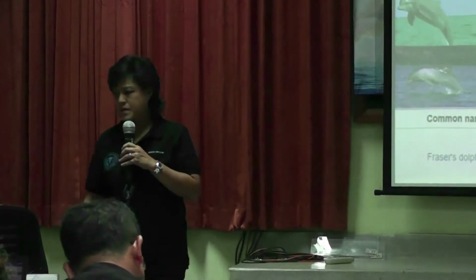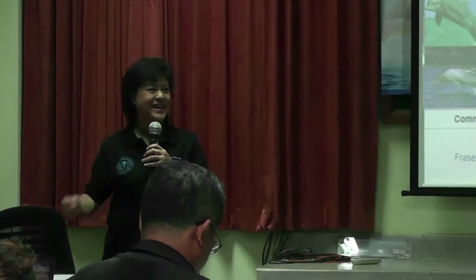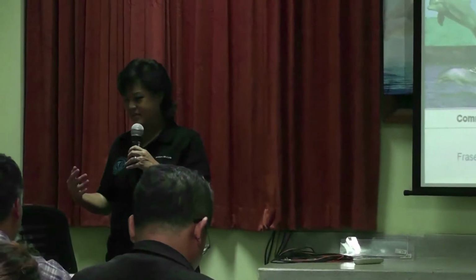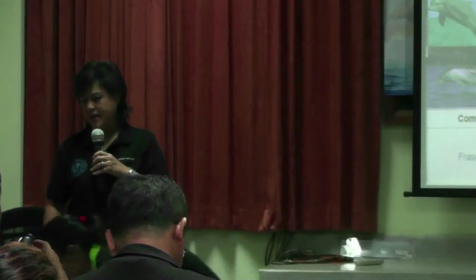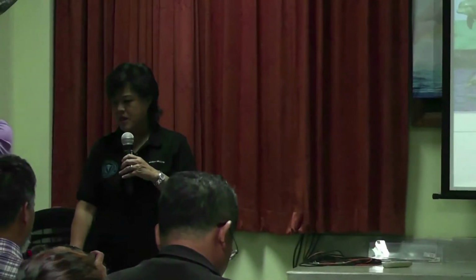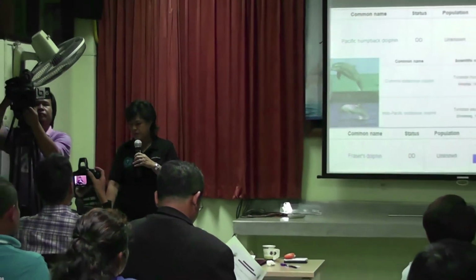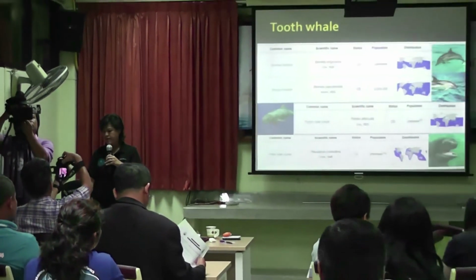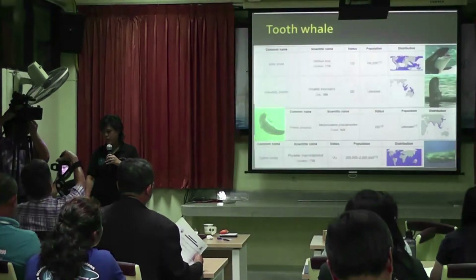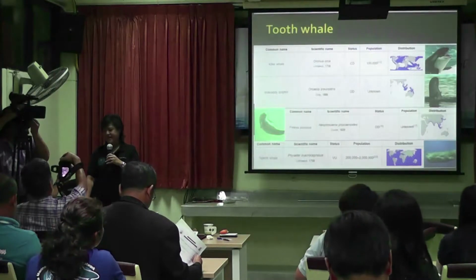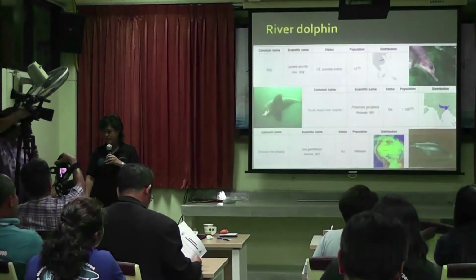The next group is the toothed whales, and these animals obviously have teeth, and they eat fish or other animals that need to be caught. Among the toothed whales, we will be talking about the Pacific humpback dolphin, common bottlenose dolphin, Indo-Pacific bottlenose dolphin, Fraser's dolphin, spinner dolphin, striped dolphin, pygmy killer whale, false killer whale, Irrawaddy dolphin, finless porpoise, and sperm whale.